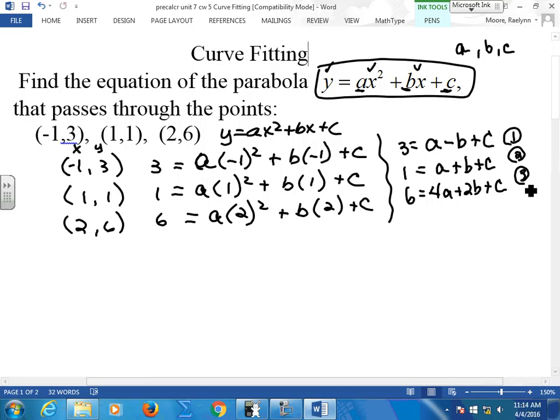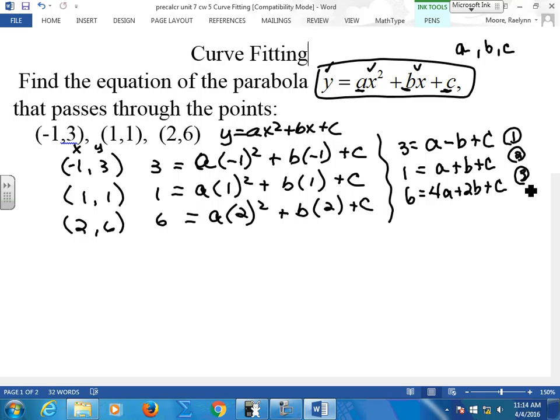Now, my systems of equations, they're all set up in the same format, a plus b plus c, so elimination works really well, adding, whatever you call it, when you combine them. Can you give me 2? If you notice, the b has a negative, right? So wouldn't it be nice to just eliminate b?